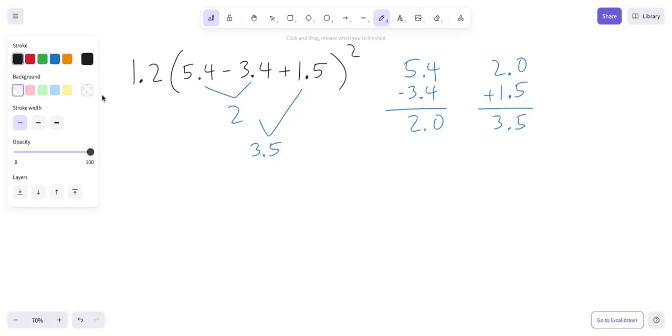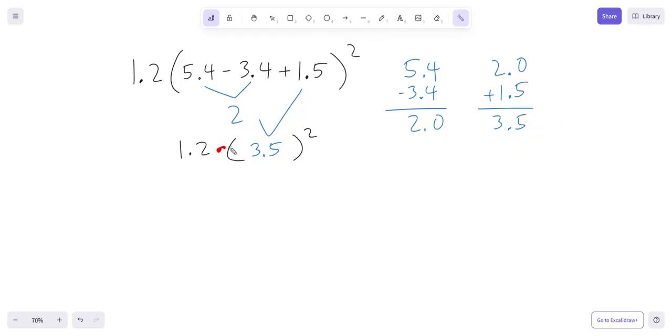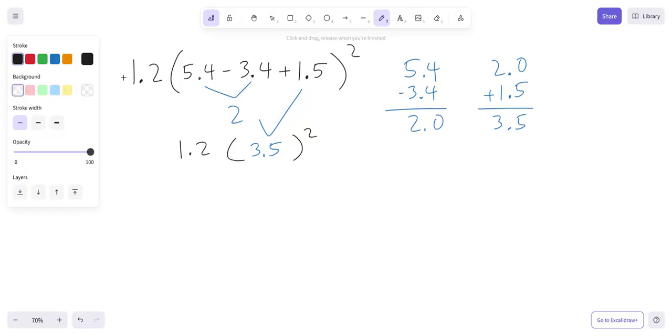I'm going to rewrite this as 1.2 parentheses 3.5 squared. Next we have multiply here, because implied multiplication or exponents, so we do exponents. And that's going to be 3.5 times itself. 5 times 5 is 25, 3 times 5 is 15, plus a 2 is 17, add a 0. 5 times 3 is 15, 3 times 3 is 9, plus 1 is 10.